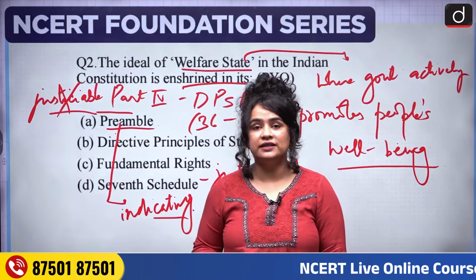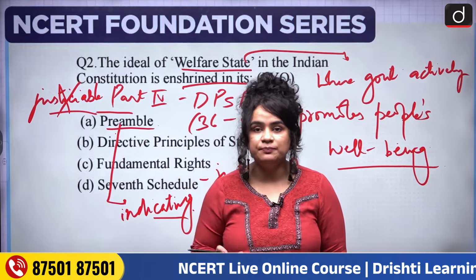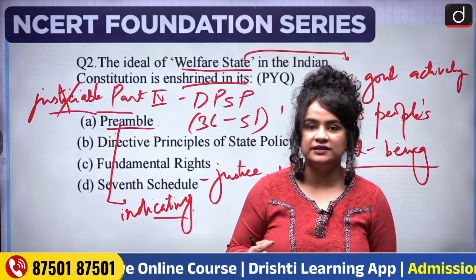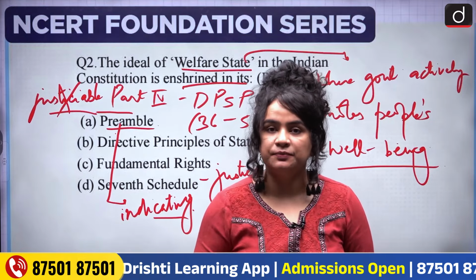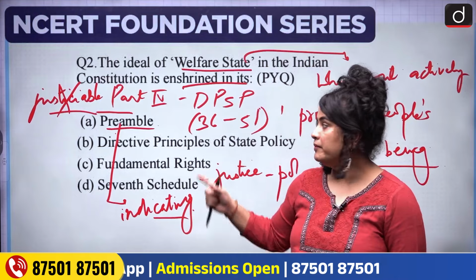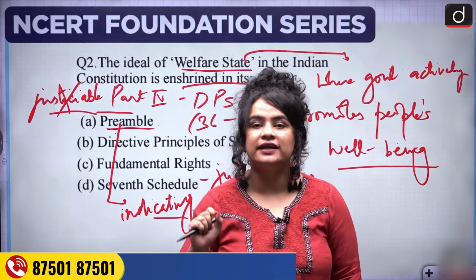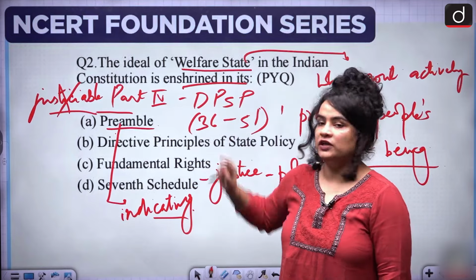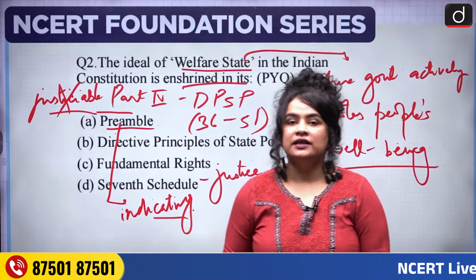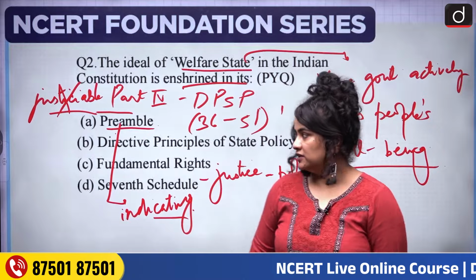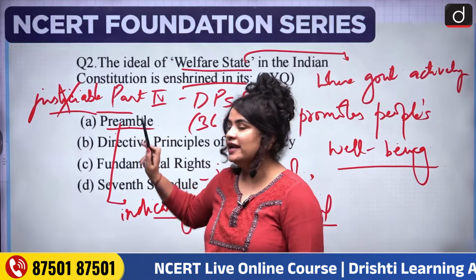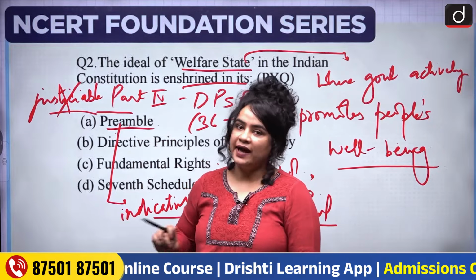This reflects only the vision. The fundamental principles that actually make sure that the welfare state is established are discussed in detail in Part 4 of the Constitution, amidst the Directive Principles of State Policy. So while this appears like a very tempting option, we'll have to rule it out.